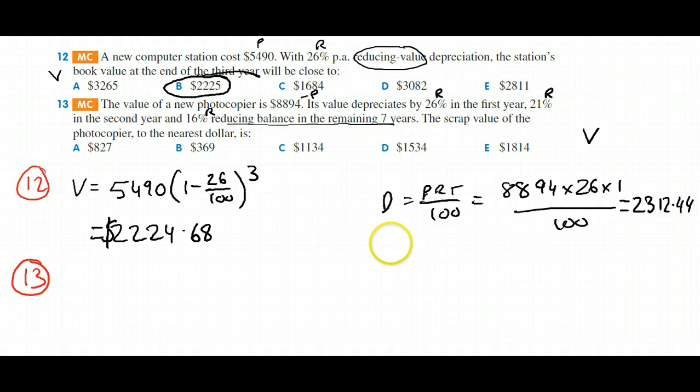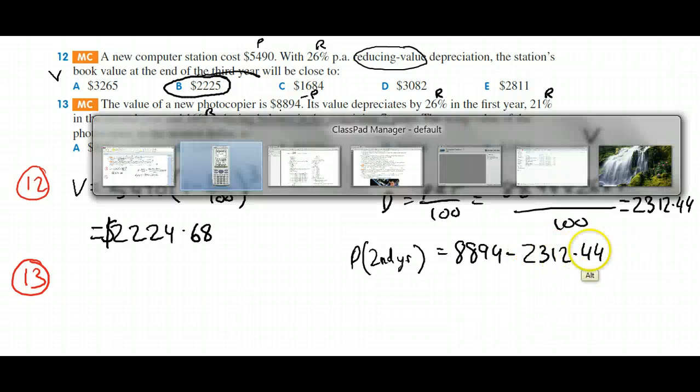So when we want to work out the depreciation in the second year, we're going to need to ask again, what's our P? To find the cost of the photocopier in the second year, we're going to have to take the depreciation away from this number here. So P for the second year equals 8894 minus 2312.44.